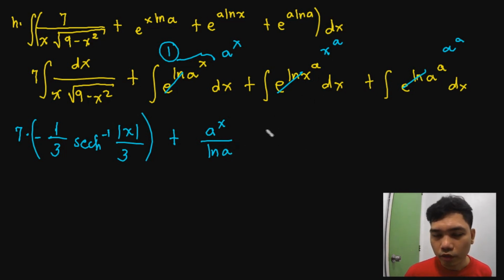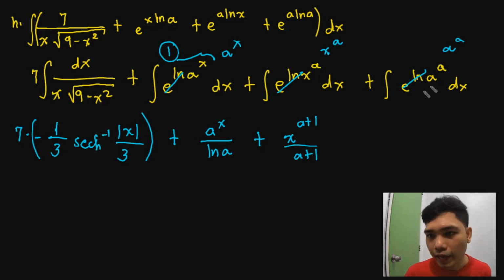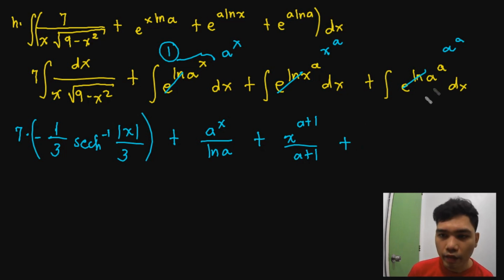And then for the next one, what we have here is x raised to a plus 1 divided by a plus 1. Okay, and then lastly, for this expression, what we have here is a to the a. And we know very well that since a to the a is a constant, then you just have to incorporate x at that expression. So that makes this a to the a times x. And finally, you have to add the constant of integration.